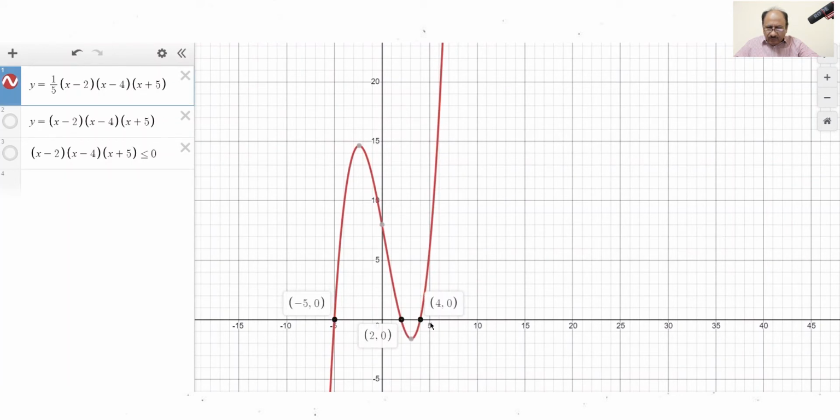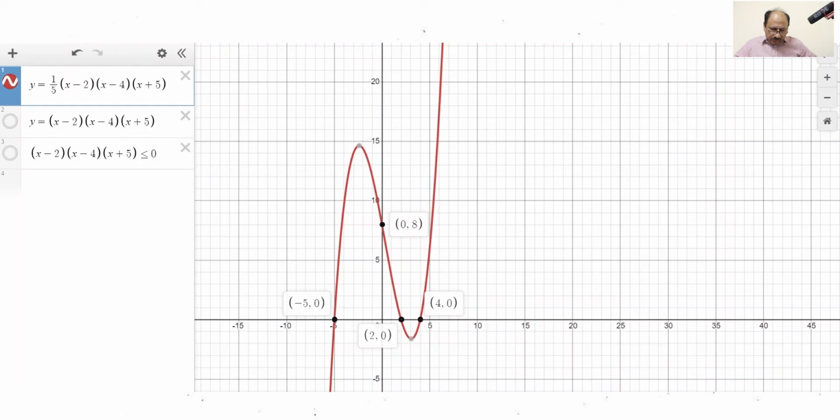So 2 and 4, these are the x-intercepts, and this is the y-intercept, which is exactly the same as 0.8 as we have done. This is basically the maximum and this is the minimum point, which are not required in this question. So only these 4 points are required, which I have copied from this diagram, and I can enlarge that one.